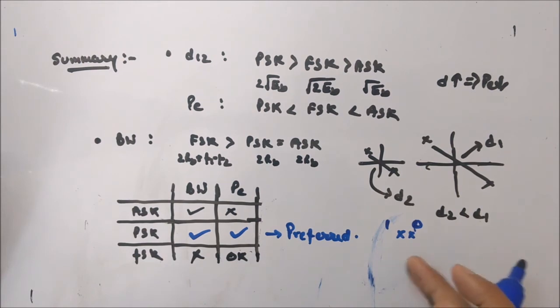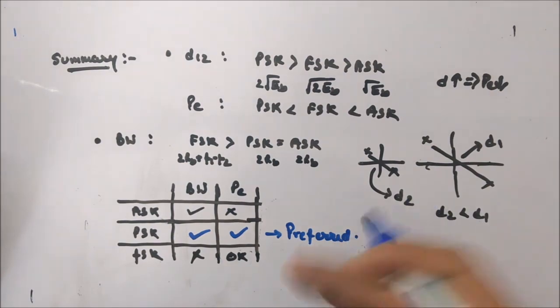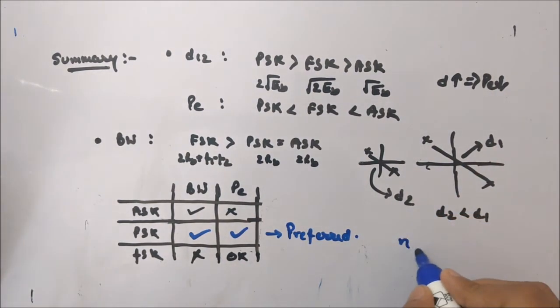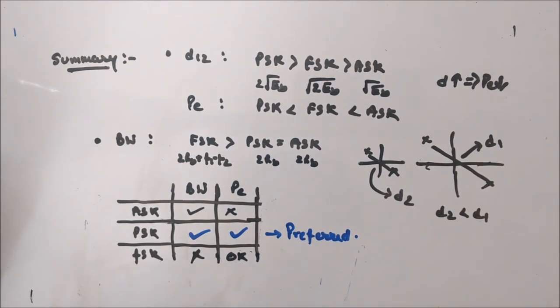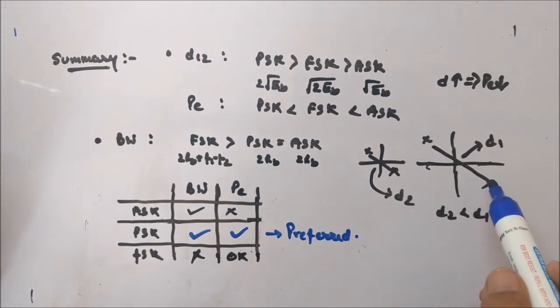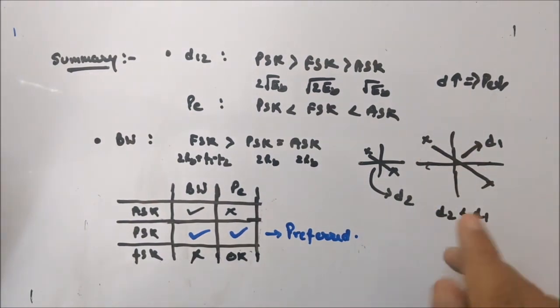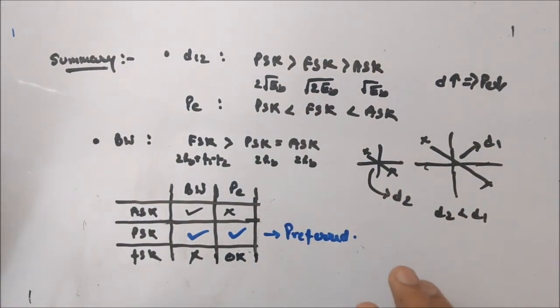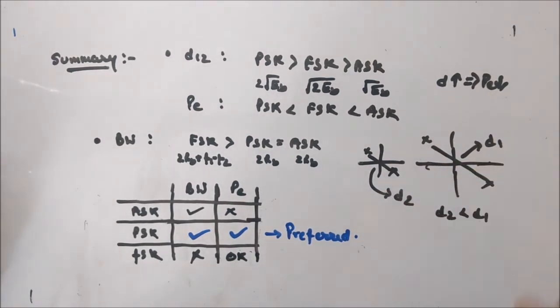This kind of thing happens when you go for a larger value of n, and then you face these kinds of problems. Usually we try to keep the signal distance as far as possible, so that the probability of error will be lesser and lesser. So that is, in general, the way to imagine how distance between signal points affects probability of error.